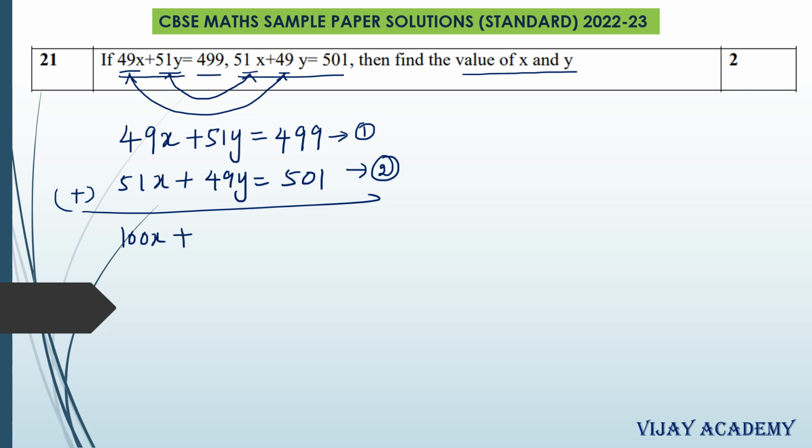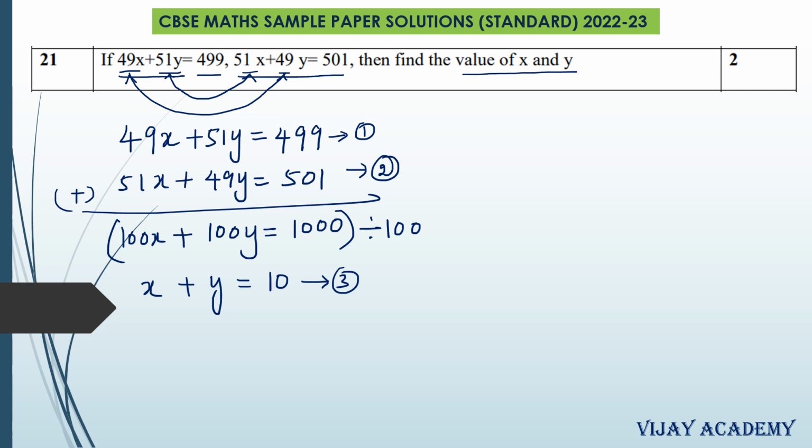Adding 51y and 49y we get 100y, equals 499 plus 501, which is 1000. Now we have a common factor for all the three terms. The highest common factor is 100. So let us divide this equation by 100. Dividing, we get x + y = 10. Take this as equation number 3.